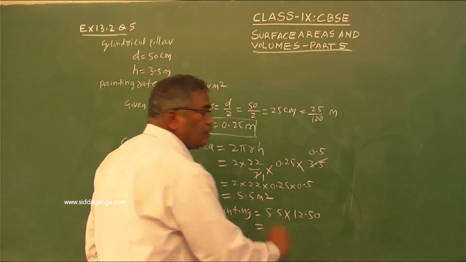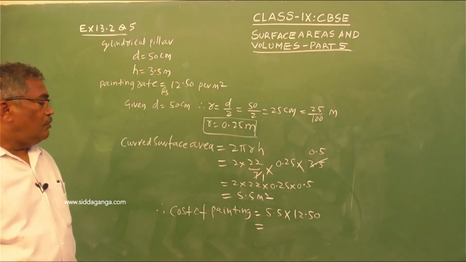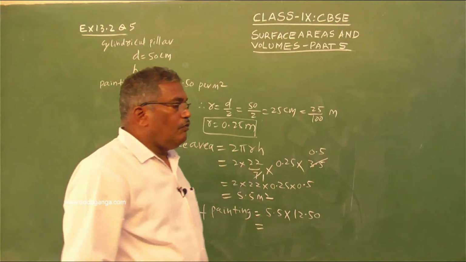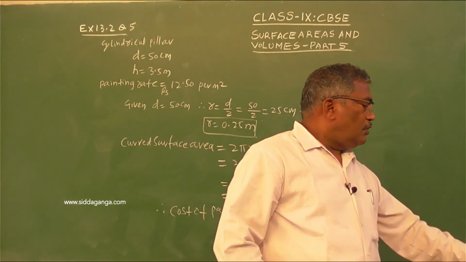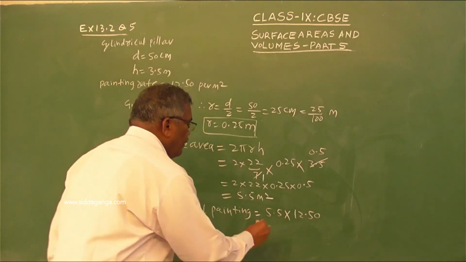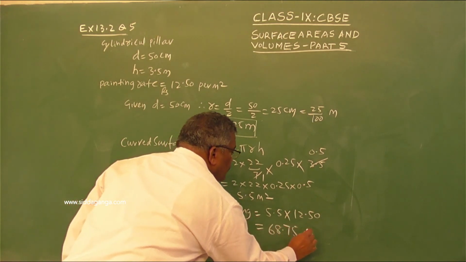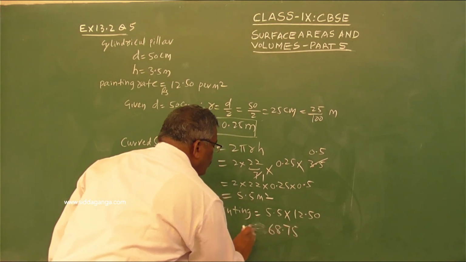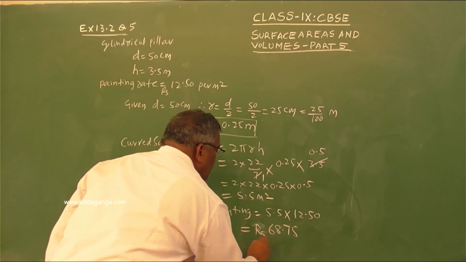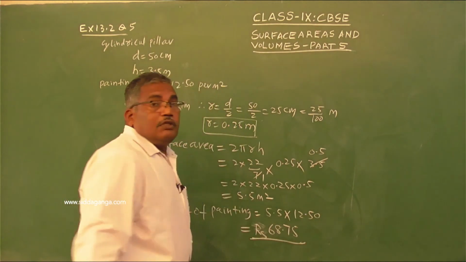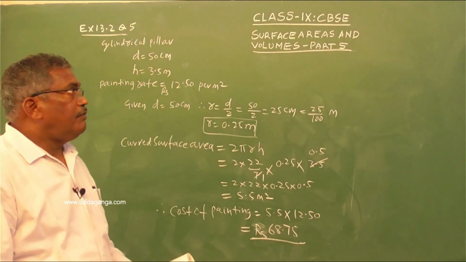So this equals, you calculate this, 12.5 into 5.5, you will get 68.75. So you can write rupees 68.75. So that's the cost of painting.